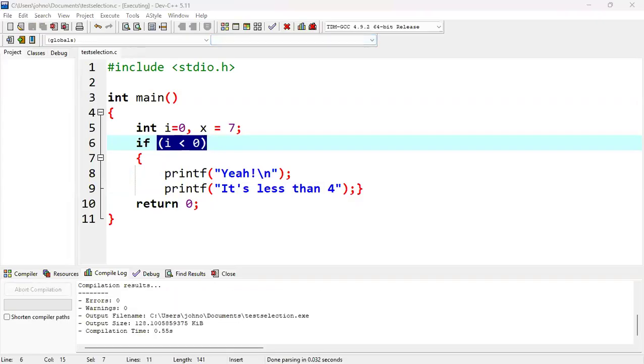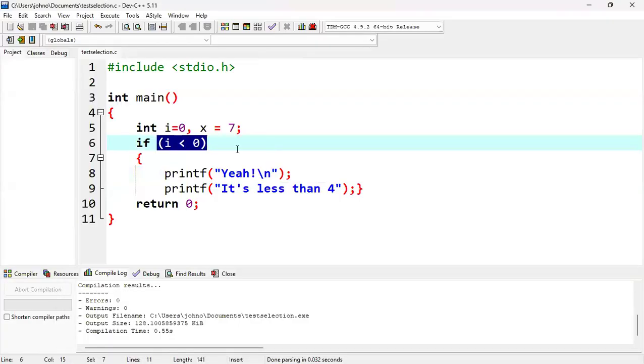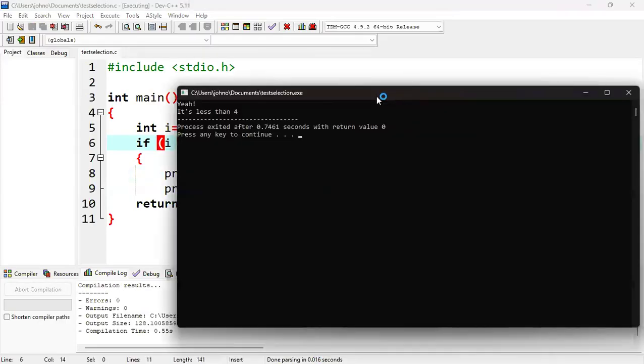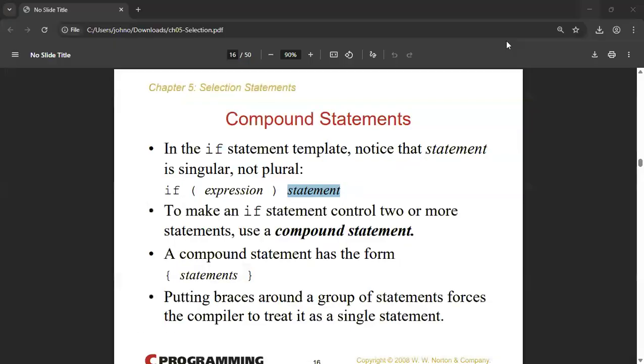And that will be all. Nothing evaluates. If we change it back to 4, then everything evaluates. Okay. So I hope you can refresh this. So let's continue with our discussion.